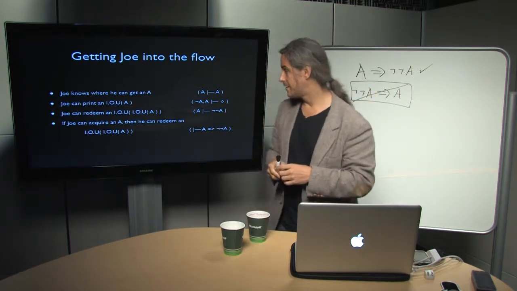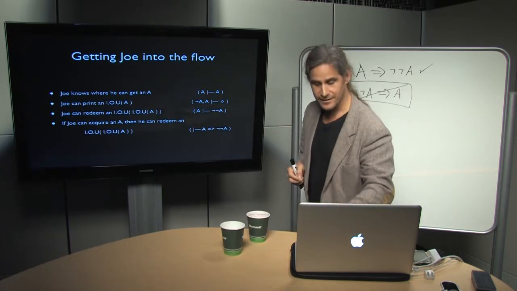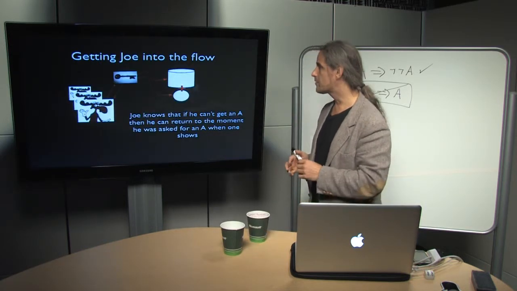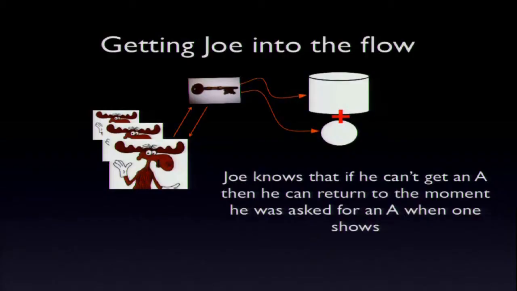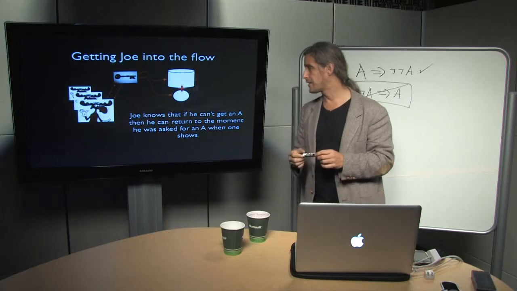However, and this is where things get really interesting, some cool people noticed that if we could remember where regular Joe was in his computation when he asked for an A, then we could get back that classical representation. Now that's the trick with continuations.